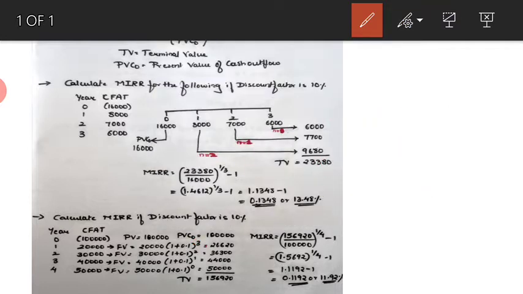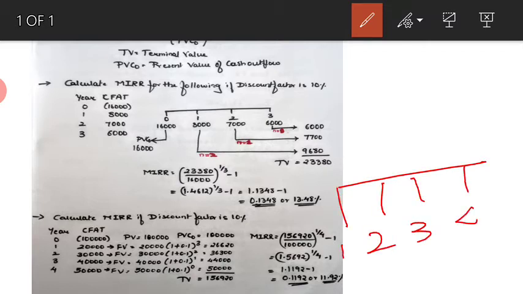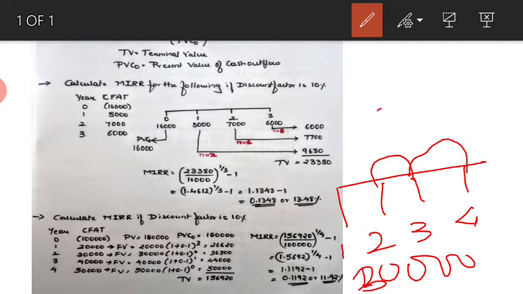For the second cash flow, that is 30,000, n would be 2. Why? Because if you see the timeline again, this is year 2 where the cash flow is 30,000. So how many years are we moving ahead? 2 to 3 and 3 to 4. Only 2 years, right? So n would be 2.